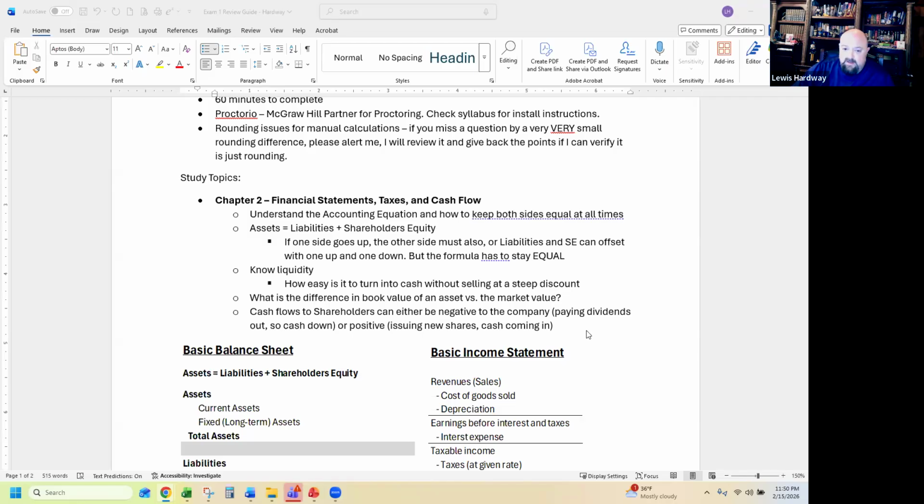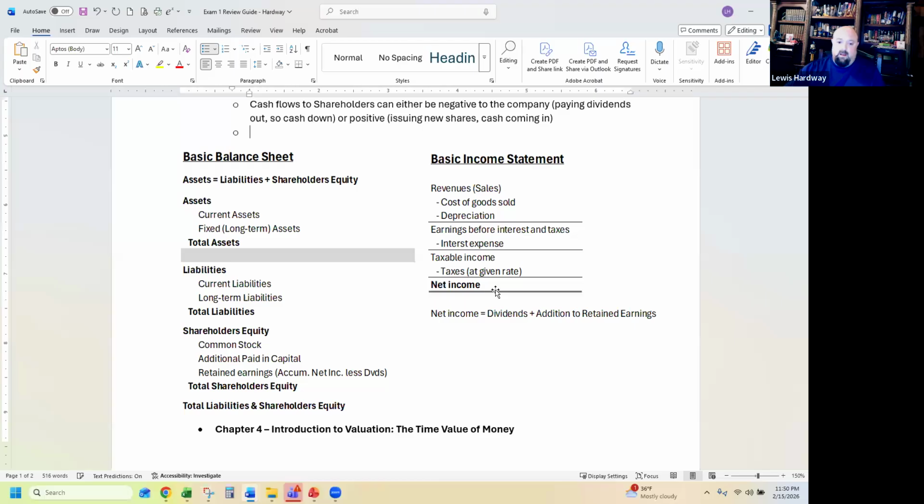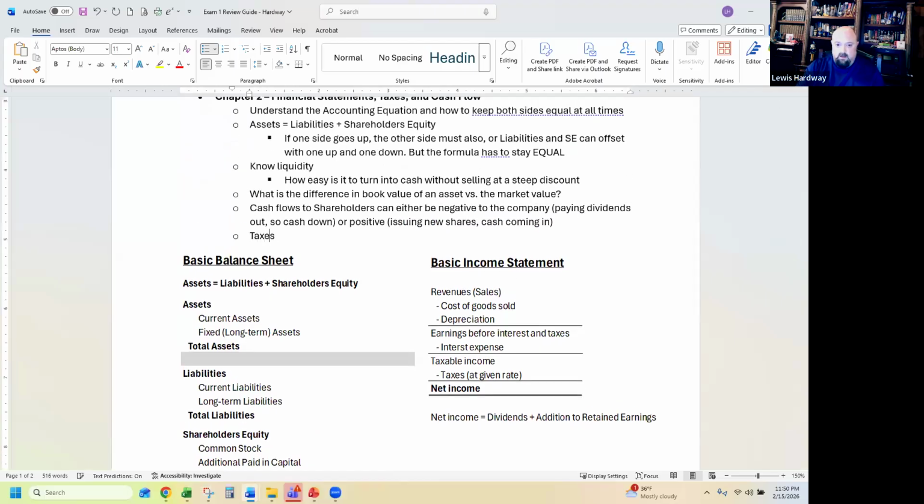Now the taxes. Let me add one bullet point here. Taxes go up a little bit at a time, like the first $1,000 is taxed at this rate, the second $1,000 at that rate, like the regular tax brackets.